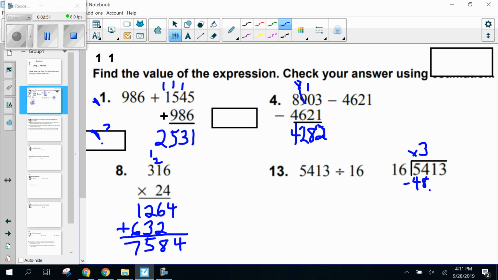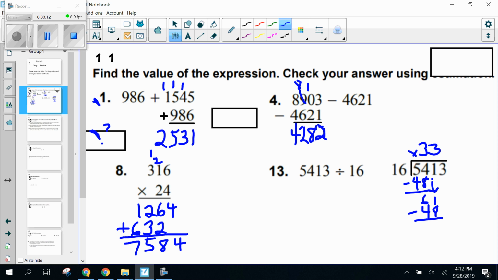So we have to subtract that from 54. We have a 6. We're going to bring down the next place, which is the 1. So now we have 61 divided by 16, which goes in again 3 times, which is 48 again.